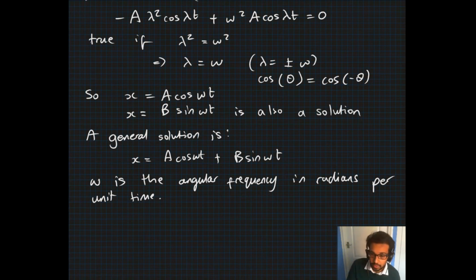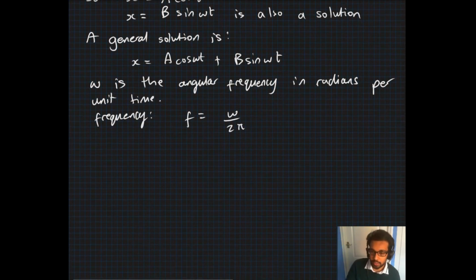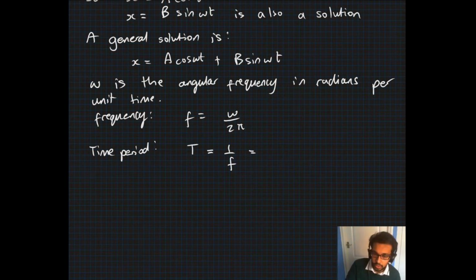So the frequency is related by the following equation. The frequency is given by f equals omega over 2 pi, and we can also get the time period using the following equation. So we know that time period is 1 over the frequency, which, inverting this equation, would give us 2 pi over omega.